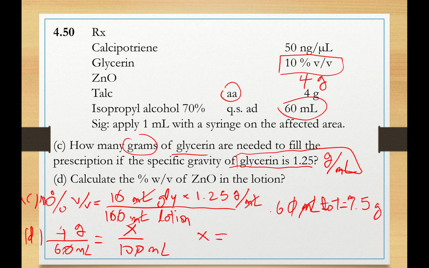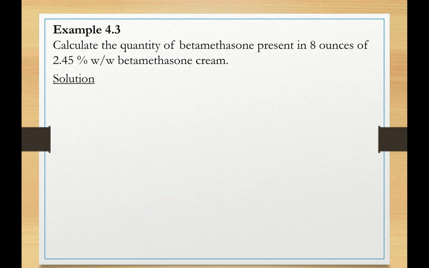So 40 over 6, that's 6.67 grams in 100 ml, or 6.67% weight per volume. Okay, so this is what we have.